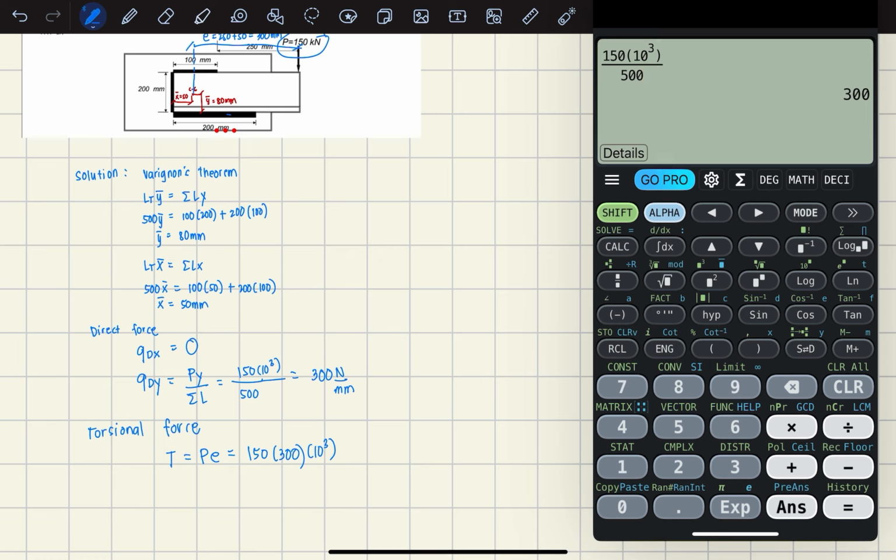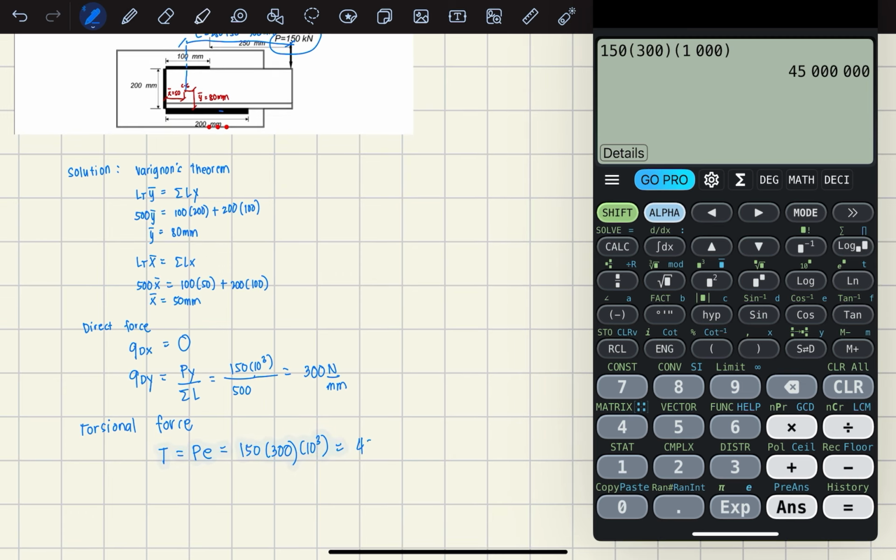Times din natin sa 3 para maging Newton mm. So, 150 times 300 is 45,000. So, 45 times 10 raised to 6 Newton mm. So, start natin siya sa A.